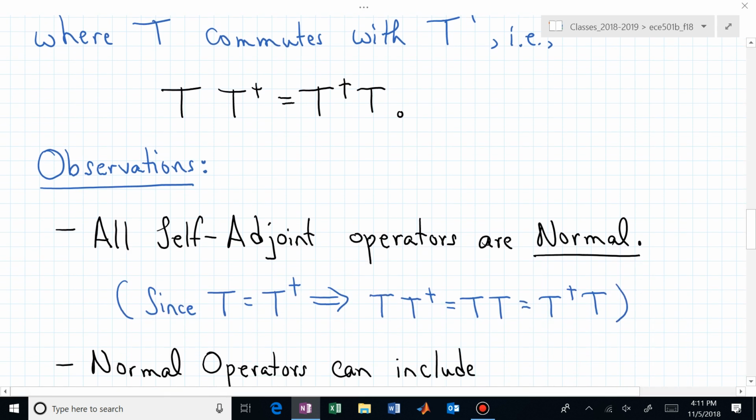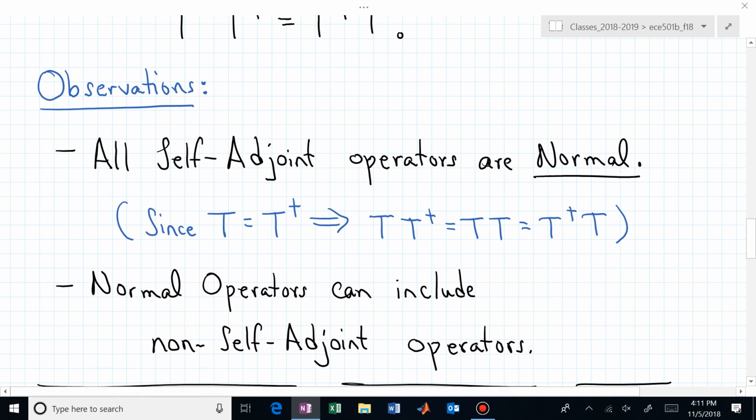What are some observations that we can make? We'll make two. All self-adjoint operators are normal. So if you have a self-adjoint operator, and what do we mean by it being self-adjoint? Let's not forget what we mean by something being self-adjoint.